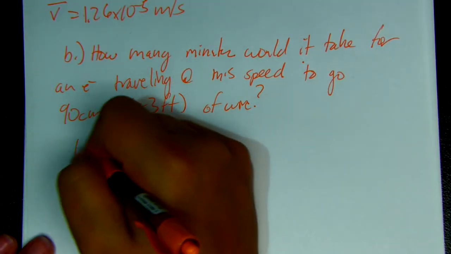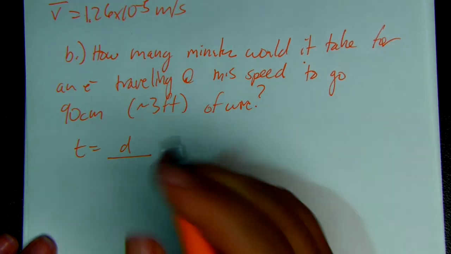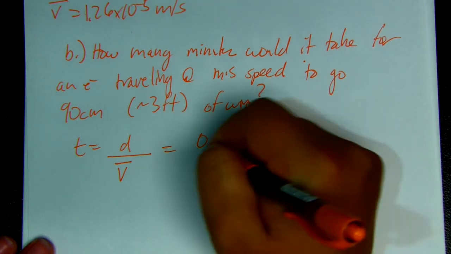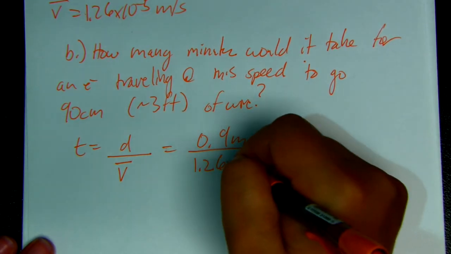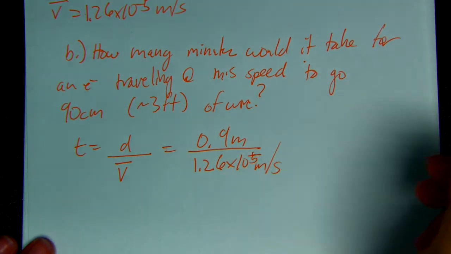So T is equal to distance divided by speed, which is 0.9 meters divided by 1.26 times 10 to the minus 5 meters per second.